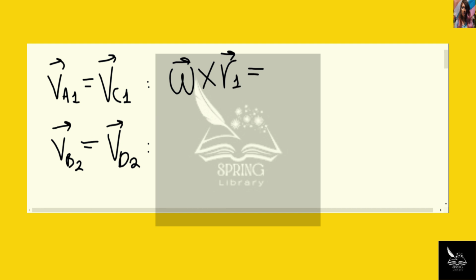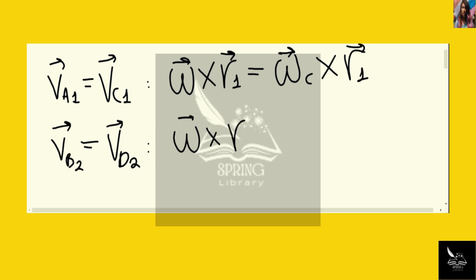If we write down the formal definition, the formulas: omega again is the common angular velocity for gears A and B, and R2 equals omega D vector cross product R2.